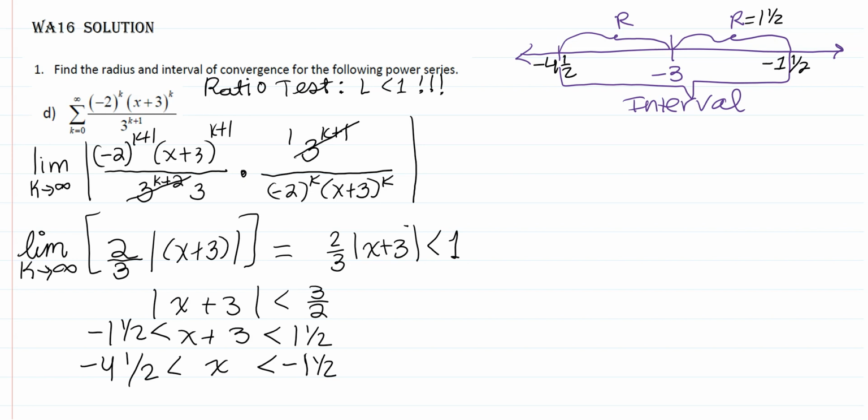Now in order to find the interval of convergence, we want to know what happened at the endpoints. So we will have to go and check at the endpoints. So when x is -4.5, what do we have at the endpoints? We will have the series from 0 to infinity, instead of writing -2 to the k power, I'm just going to write -2 to the k power.